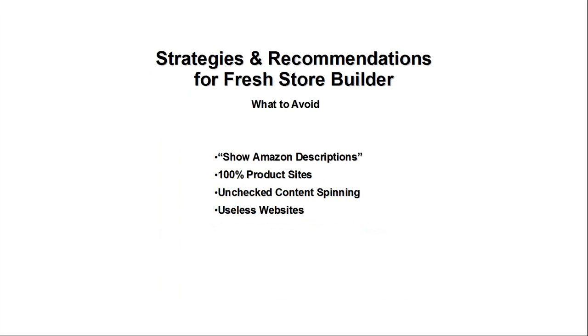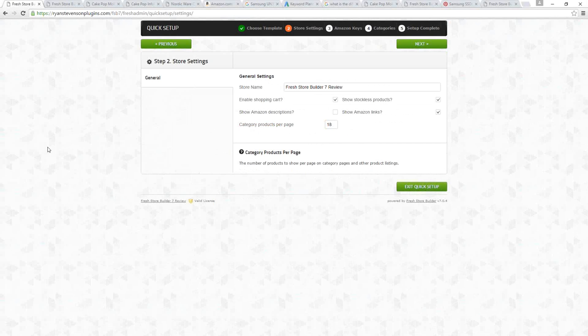In particular, the first thing I want to talk about is showing Amazon descriptions. I put this in quote marks because this is what Fresh Store Builder calls it. When you're doing the quick setup for a new website where you're installing this software to get started with it, and you get to step number 2 where you have your store settings, you have this Show Amazon Descriptions option available for you.